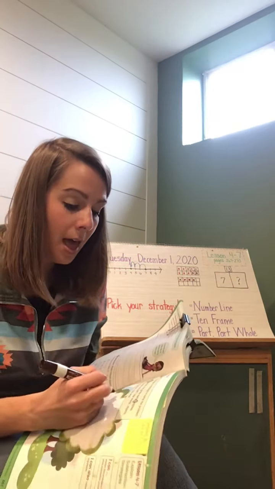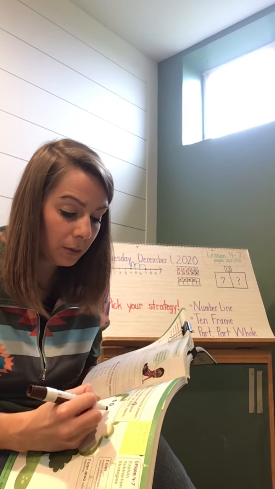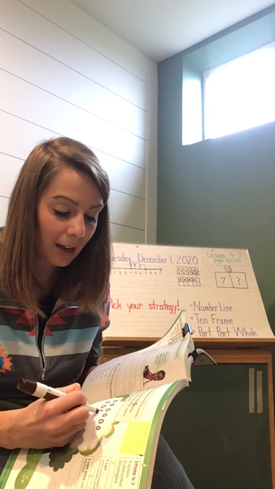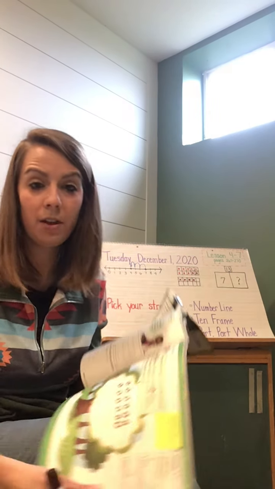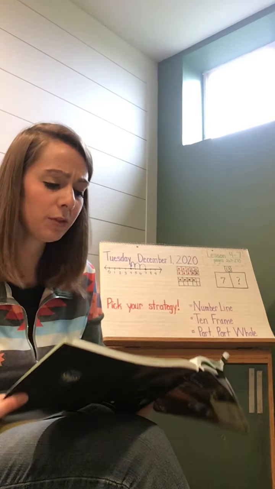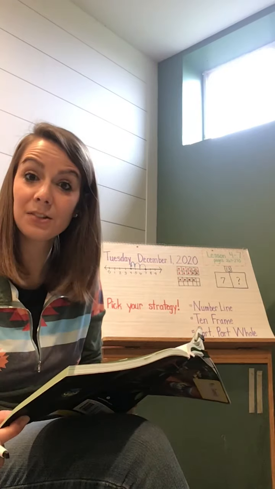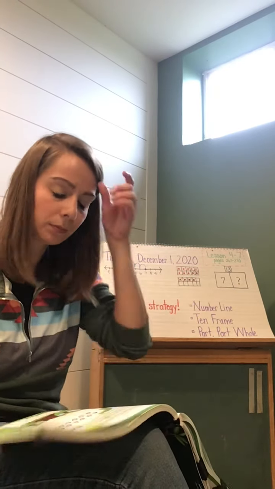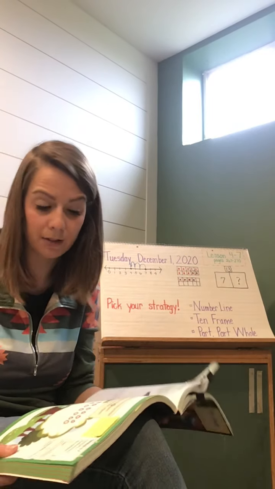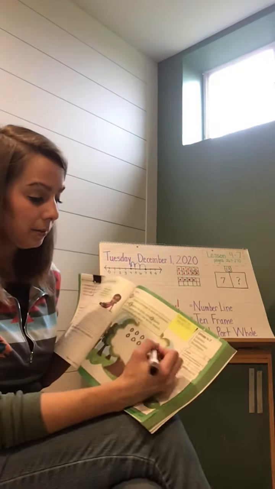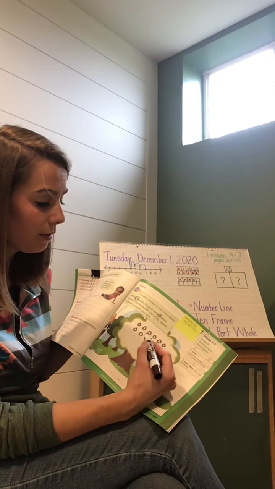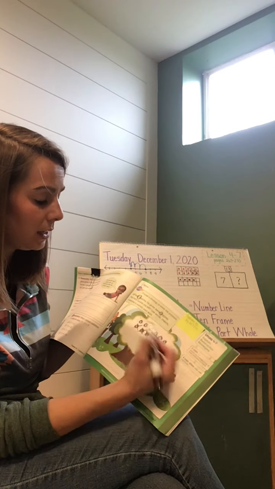Since this is all about picking which strategy works best for you, I'm going to show you what my brain does first. I'm going to draw 1, 2, 3, 4, 5, 6, 7, 8, 9, 10, 11, 12 apples in my tree. Now, how many did he give away? Yeah, 6. It tells me that in the problem. So I'm going to cross off 6 since he got rid of those. Here we go. Count with me. Ready? 1, 2, 3, 4, 5, 6.